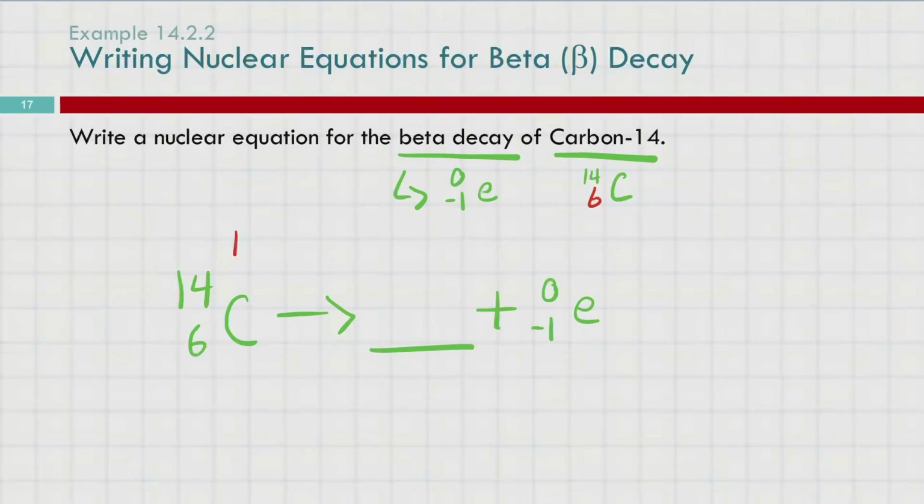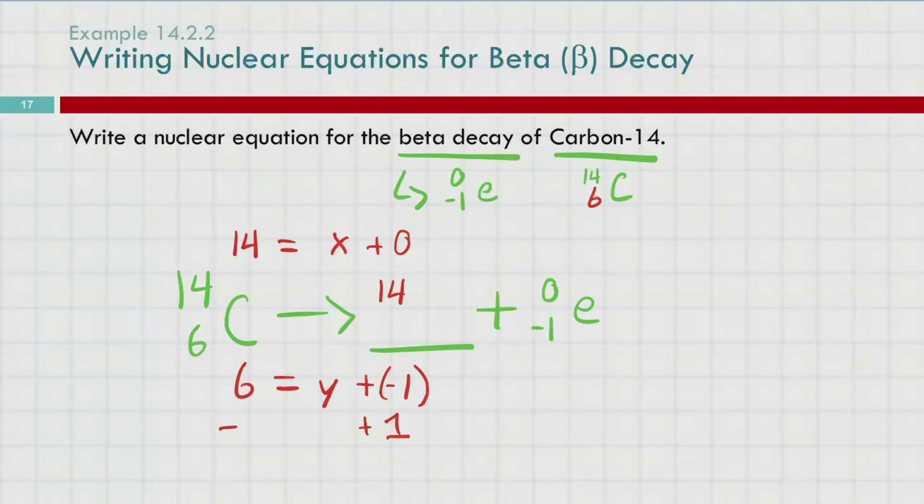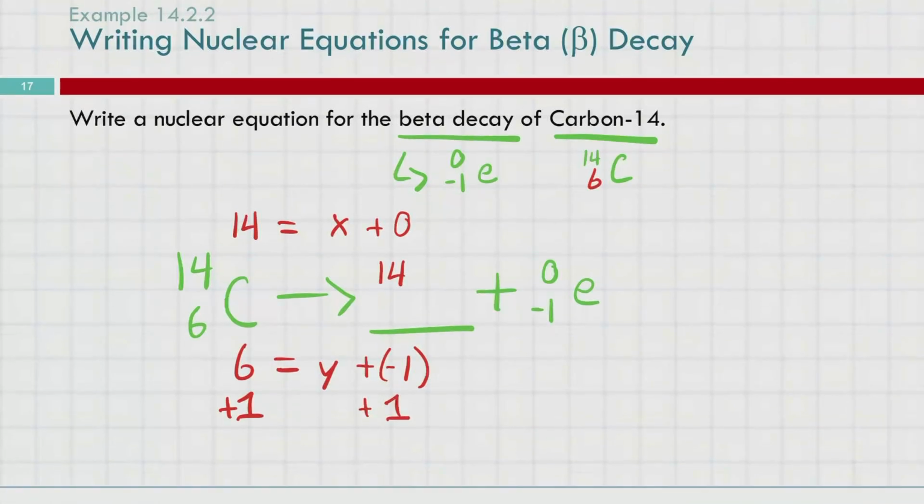So our top equation for our mass numbers, 14 equals x plus 0. Pretty easy math. So x is 14. And then for y, 6 equals y plus -1, or just -1. So we add 1 to both sides to get rid of that -1. y equals 6 plus 1.